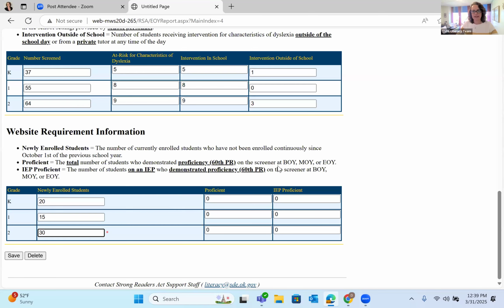And the second reason is that a student may not have gotten a notice of proficiency at BOY or MOY, but now at EOY they are scoring at or above the 60th percentile. You're not required to send a notice of proficiency at EOY, but we do want them counted in this number. So we're saying the total number of students who demonstrated proficiency at the BOY, MOY, or EOY.